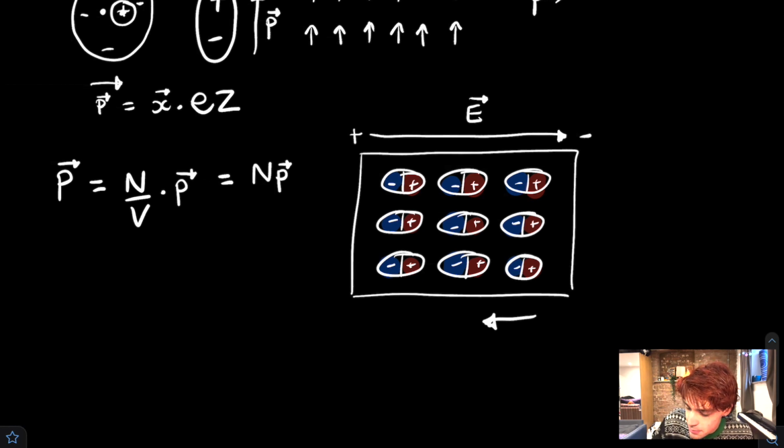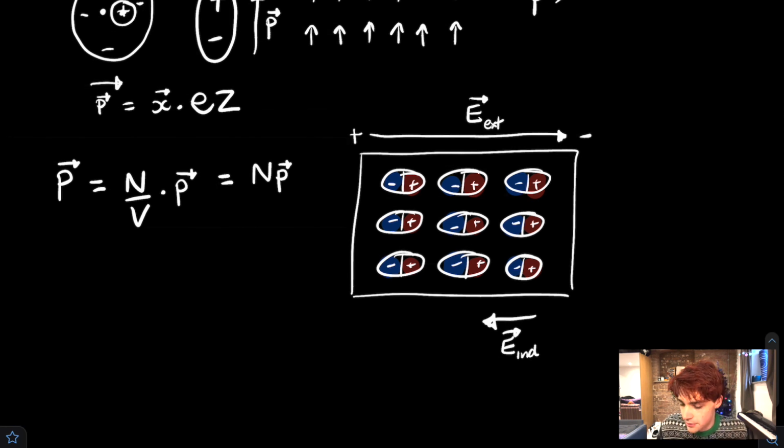Because of course, the positives are going to be attracted to the negative end, and the negatives are going to be attracted to the positive end. And so therefore you have an electric field which is in the opposite direction, going from positive to negative within the material.